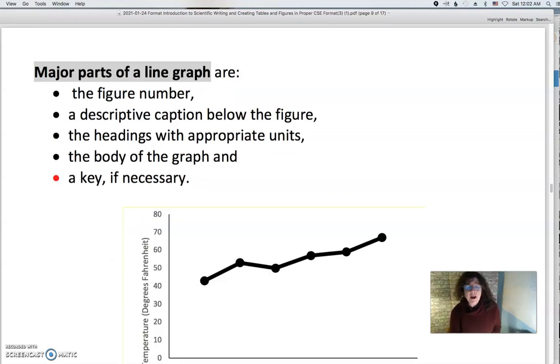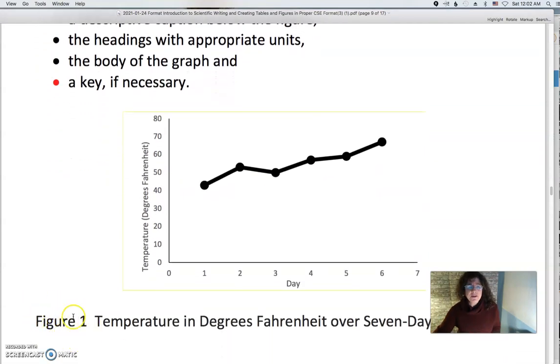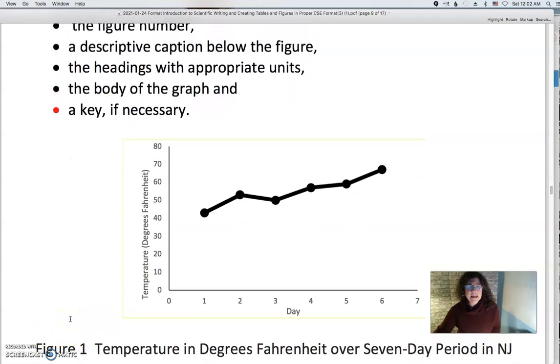When it comes to a line graph, the key figures of a line graph are the figure number. You see the figure number here. And a description caption. This time, it's always below the line graph.